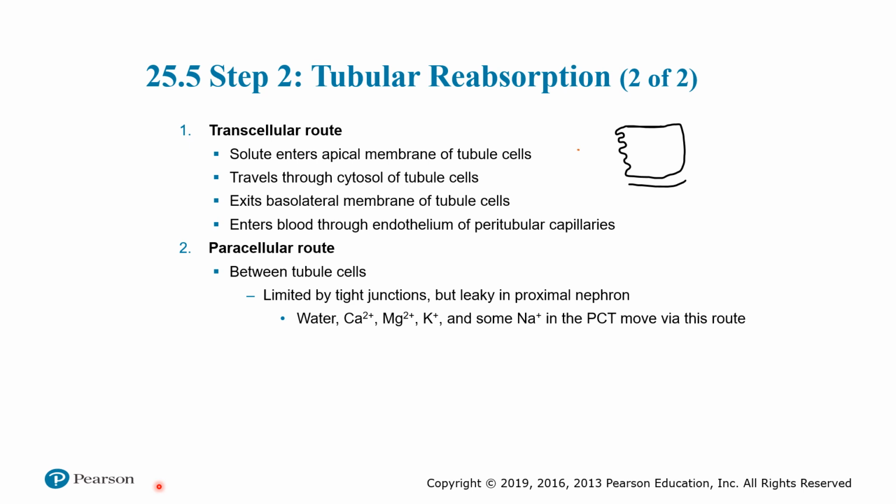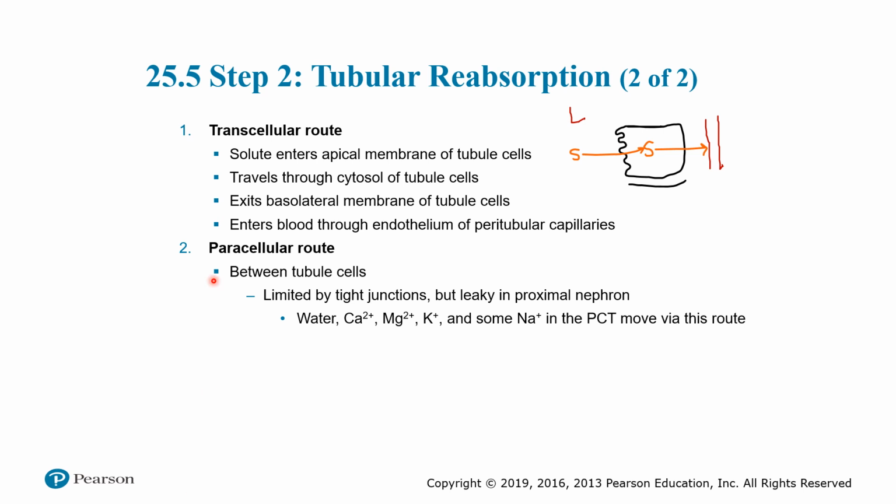For example, if this is the cell and this is the solute, it goes in the cell and then through the basolateral side, it goes into the interstitial fluid. Over here will be our capillary, and this is our lumen. So this is the transcellular route. The solute is going through the cell.